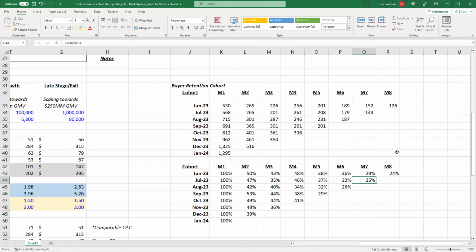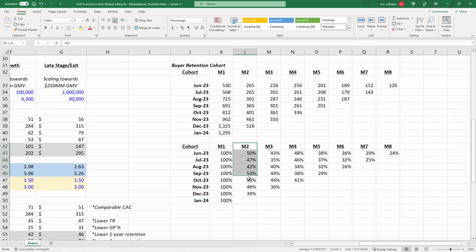In the 7th month of their lifetime, 25% of them were still buying. And so when you can compare across cohorts, let's look at the 3rd month of the lifetime of all these different groups of people. You can see that the retention is pretty stable across them. And you can see that in month 8, 24% of customers are still buying.